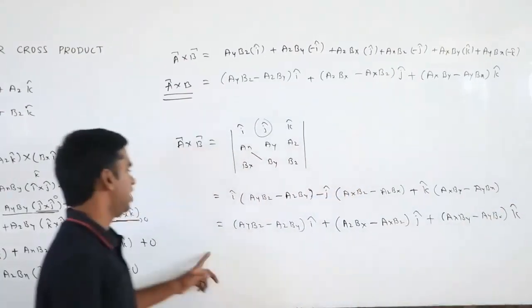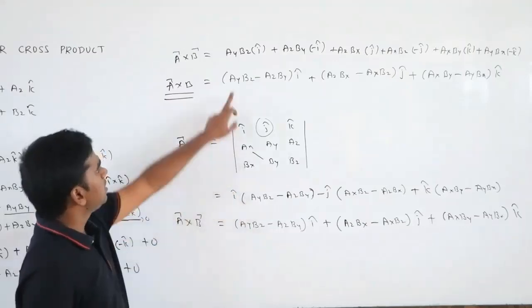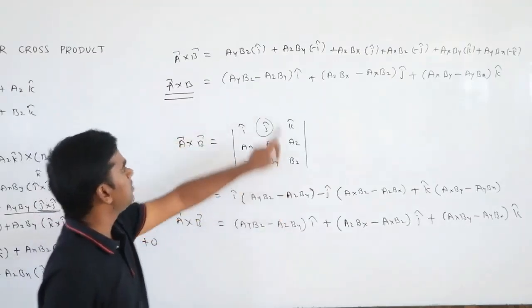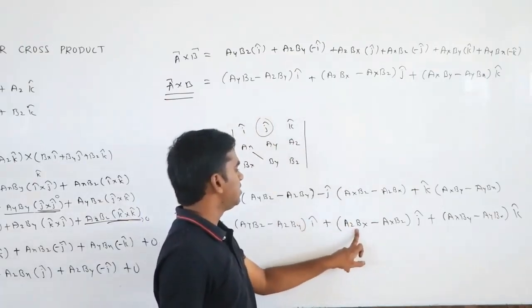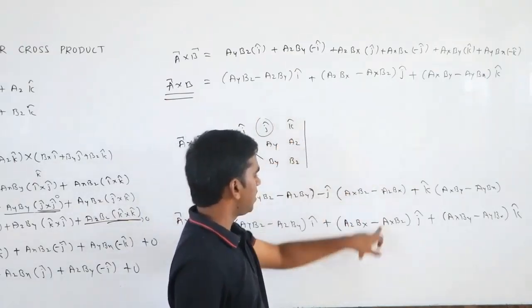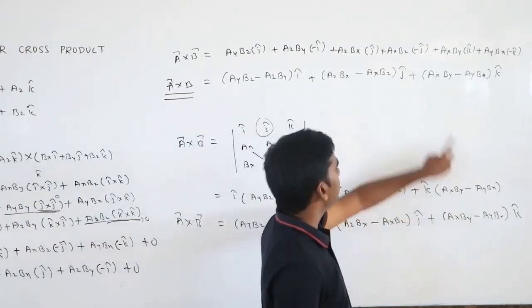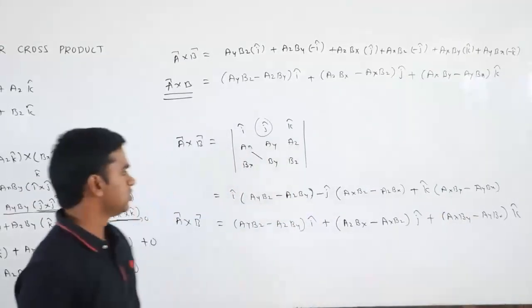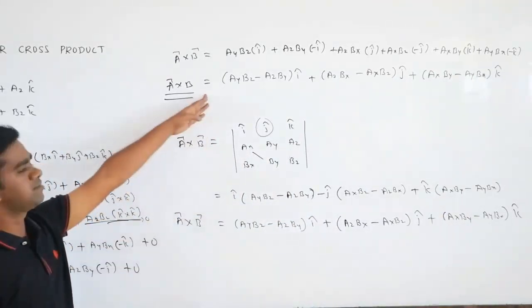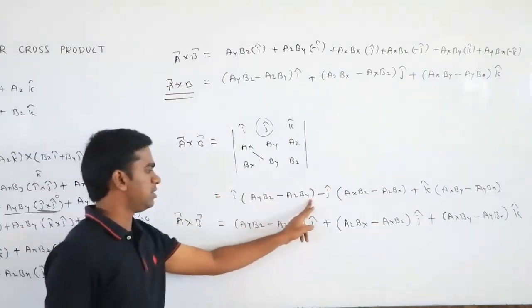Now you can look at the answers. So A cross B: ay bz minus az by i cap, plus az bx minus ax bz j cap, and ax by minus ay bx k cap. Okay, so instead of remembering this formula directly, just take this determinant and follow this thing.